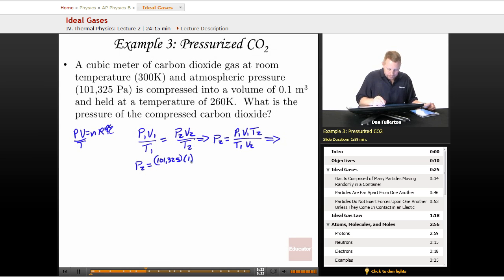Volume 1 was 1 cubic meter. Temperature 2 was 260 K. Divided by temperature 1, that was 300 K. And volume 2 is 0.1 cubic meters. When I do this, I come out with a pressure 2, or a final pressure of about 878,000 pascals.